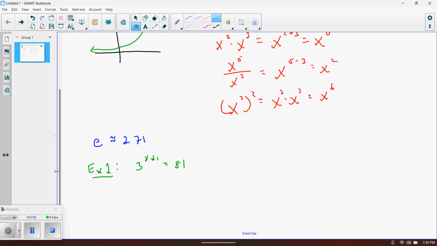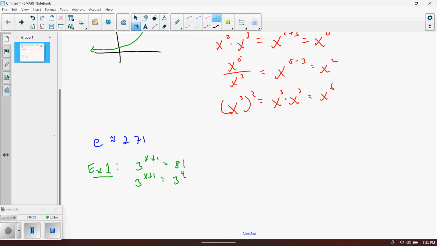But the general idea here is, can we rewrite both sides of the equation as the same base? And you can. 81 just happens to be 3 to the 4th power. I don't necessarily know that everybody's just going to know that one off the top of their head, but that's what it is. Now you have an equation where both sides of the equal sign have exactly the same base.